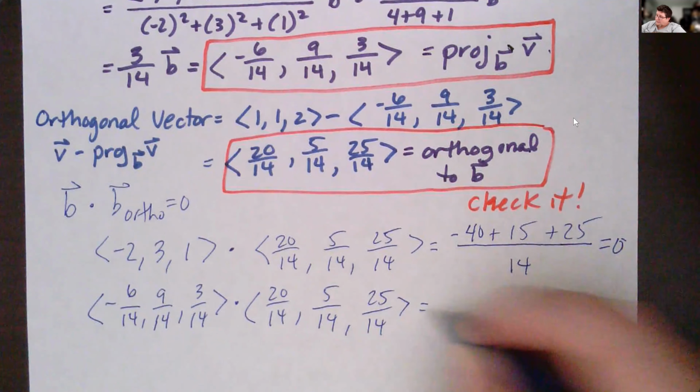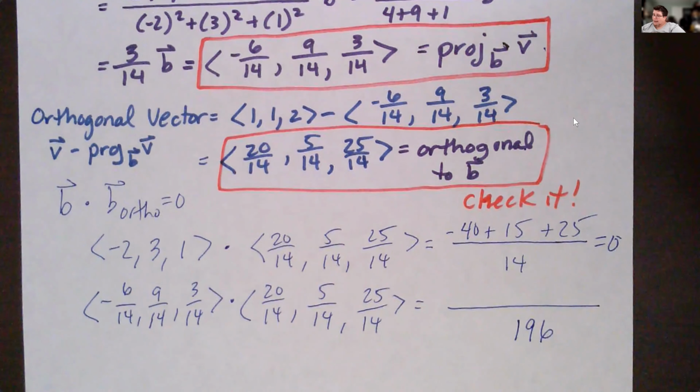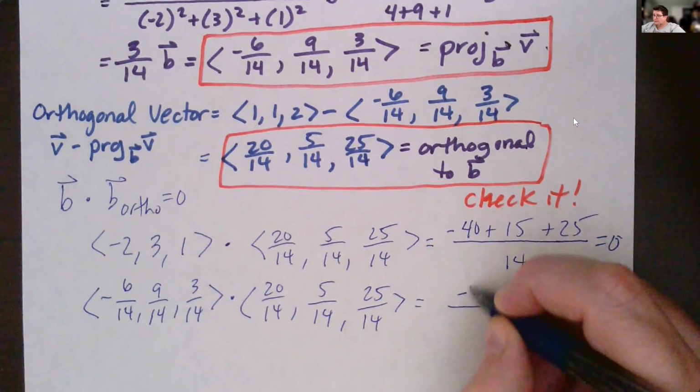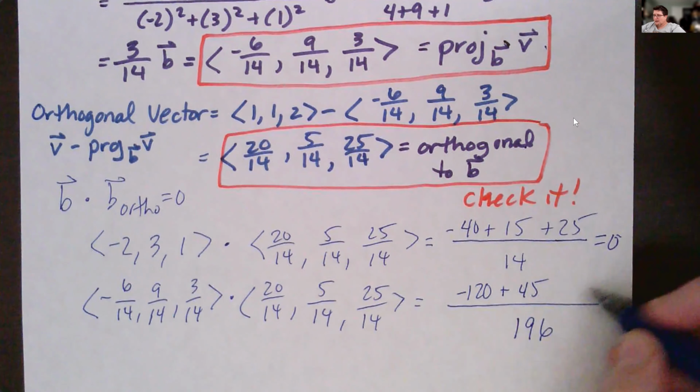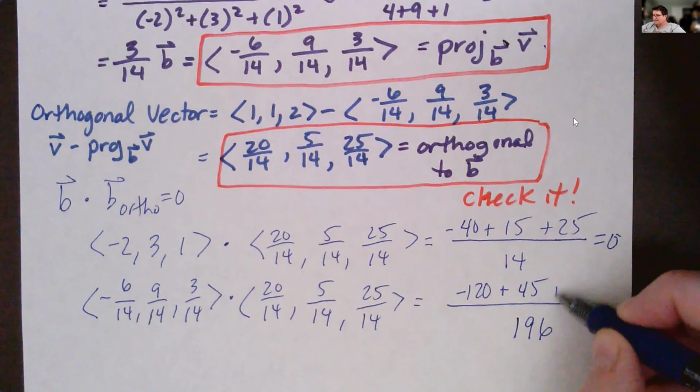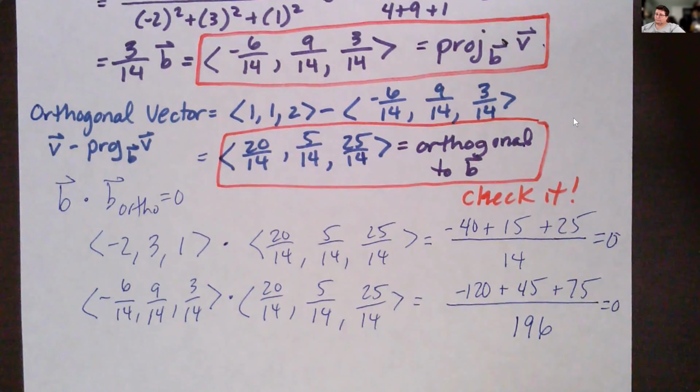But this is what happens when you add stuff to the video that you weren't intending. 14 squared is 196. -6 times 20 is -120. 9 times 5 is 45. 3 times 25 is 75. 75 plus 45 is 120. Minus 120 is 0.